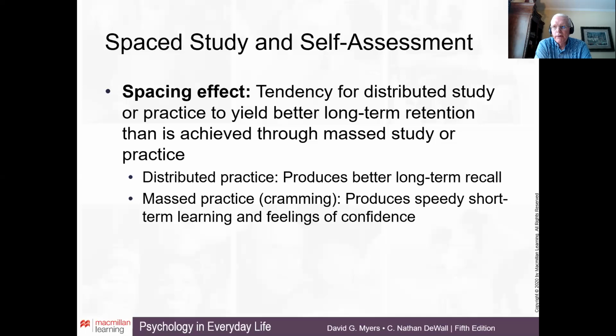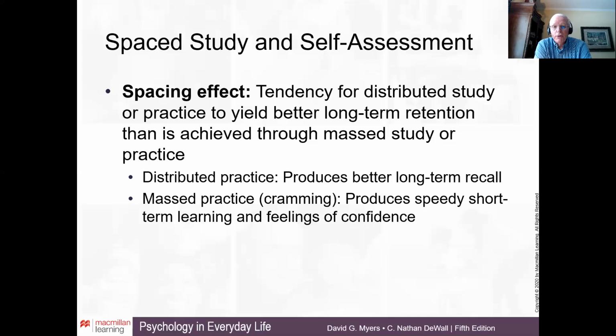This very simply involves spreading out or distributing over time our study efforts so that we can come back and review things that we're learning repeatedly over time, helping ourselves to strengthen memories of that information so that we will be able to more effectively retrieve that information at some later time when we need to do so.